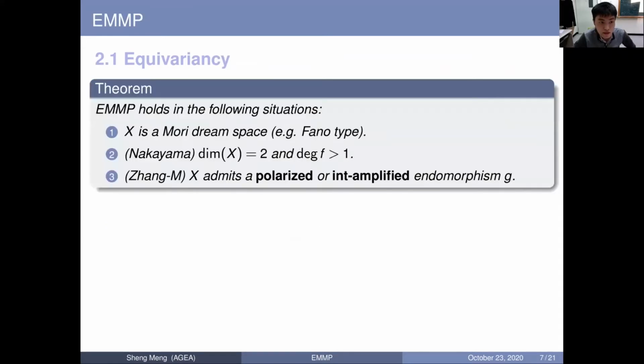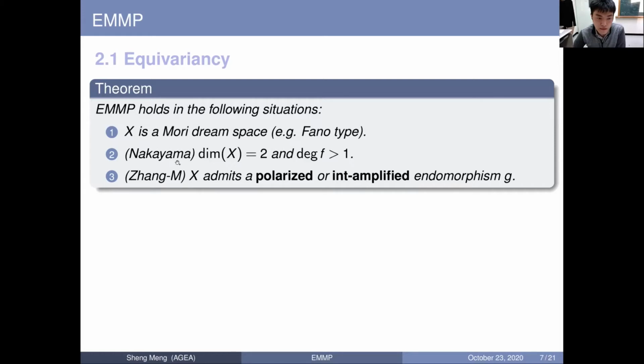Okay. So now let's state the known results for the equivariancy. Any question? Okay, so there are three types of possible equivariancy. First is for the Mori dream space, like the variety of Fano type.